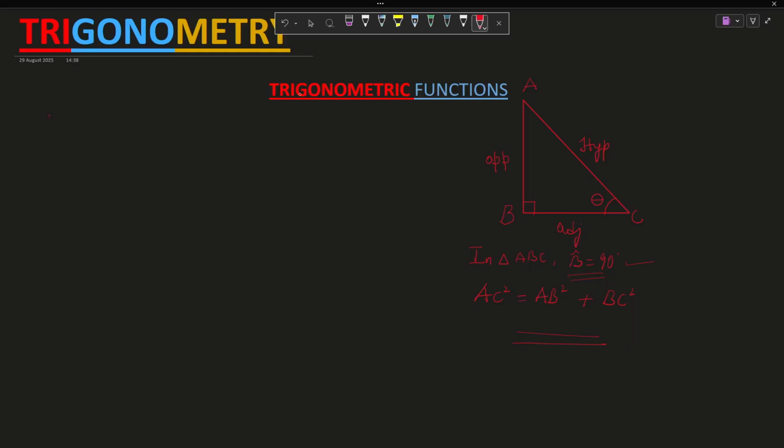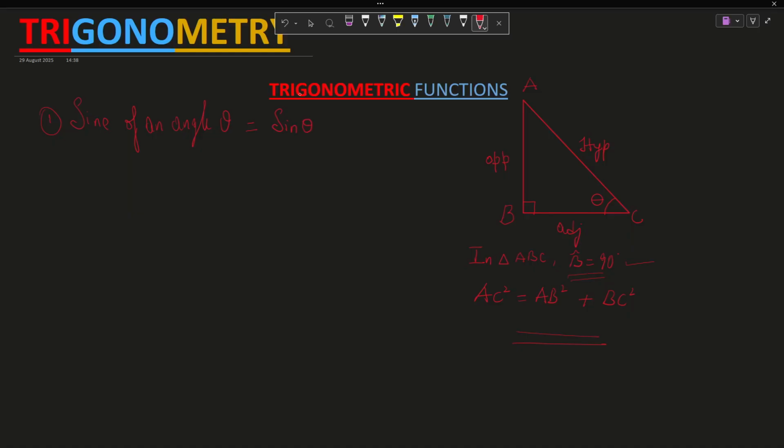Now coming to the first trigonometric function, the expanded form is written as sine, S-I-N-E, sine of an angle theta, because I'm measuring it as theta there. Sine of an angle theta is, in short, written as sine theta.